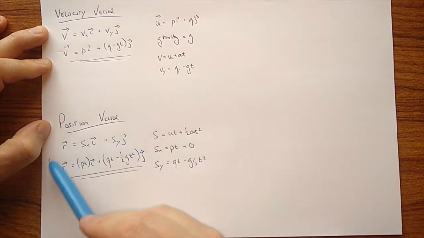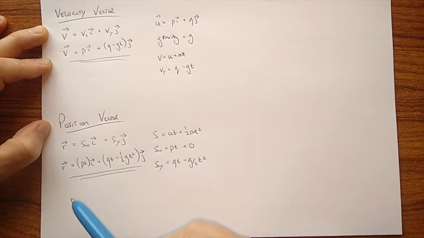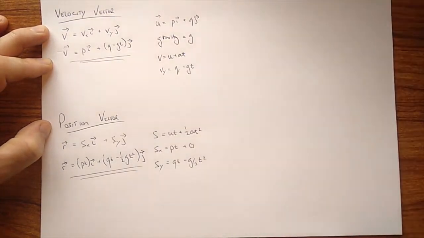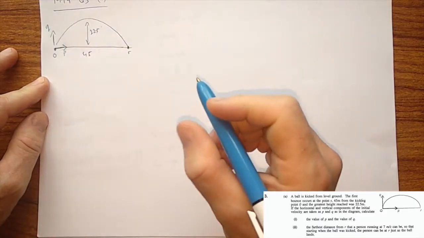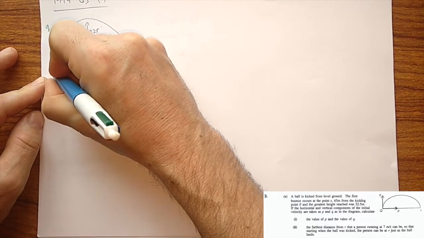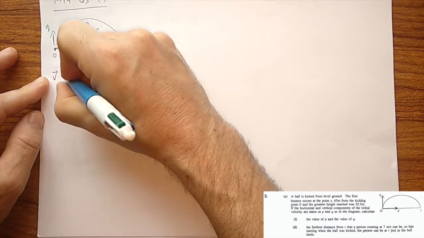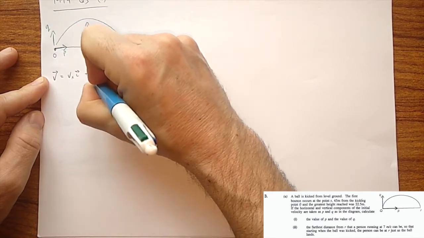Again, strictly speaking, you don't need to use this, but it can be a handy way to tidy it all up in one place. And coming back to our question, let's lay out our velocity and position vectors here. So our velocity vector equals vx i plus vy j.